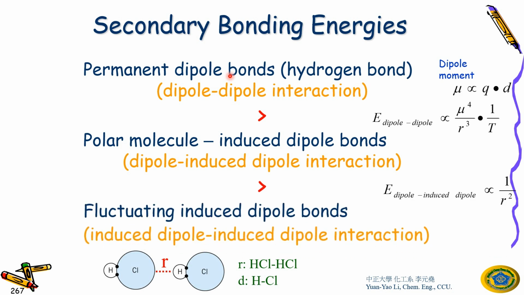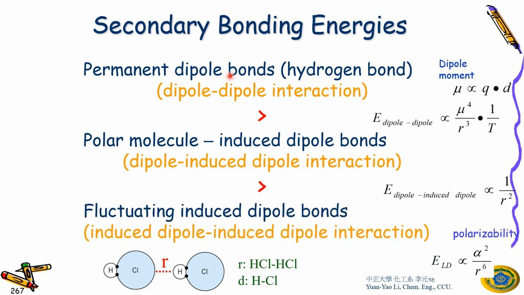The London dispersion force. Right? Because this is very weak, and this is strongest. Next week, in the Kahoot, if I want you to choose which one is correct or which one is not correct, this might be one of the answers you want to know.